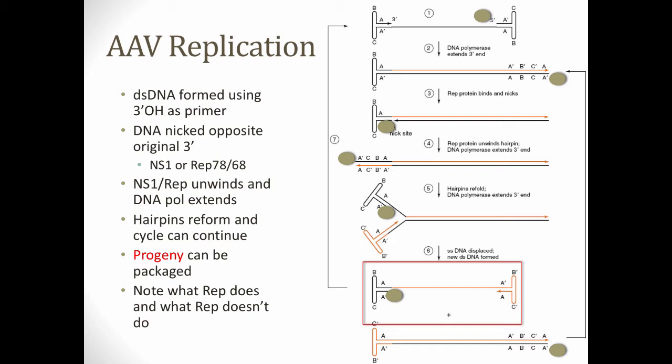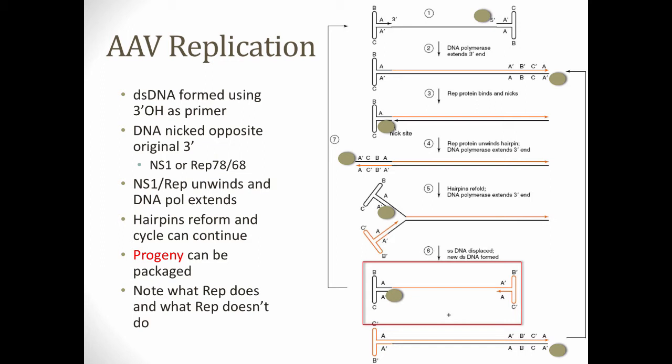Now again, you have a free 3' OH that DNA polymerase can extend from. You can see now that you've replicated your DNA ends without having the need for things like telomerase or being circularized. So once this happens, your hairpins will reform and the cycle can continue.